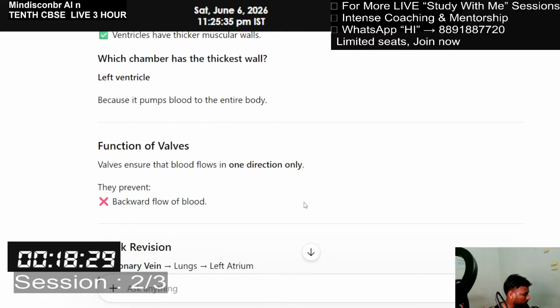Function of valves. And while remembering the heart, always remember that you are seeing the figure as if one of your friends is standing before you, or if I stand here, you are seeing my heart in this figure.